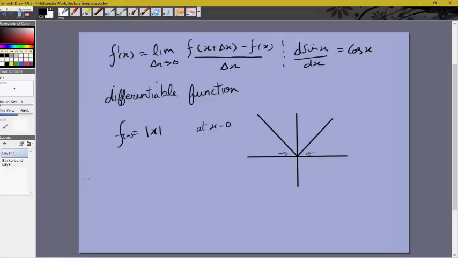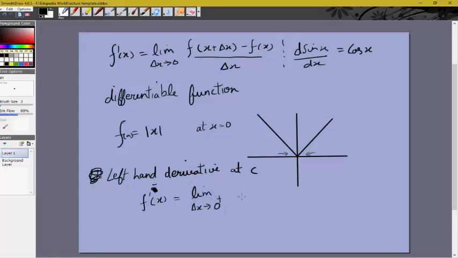Let us look at that explicitly. The left hand derivative at any point c, in this case c will be 0, but I'll just write the general formula, is denoted by f dash minus, left hand is minus, right hand is plus, right, and this is given by the limit delta x goes to 0 plus, now we are making sure that it goes from the correct side, of f of x minus delta x minus f of x by minus delta x.